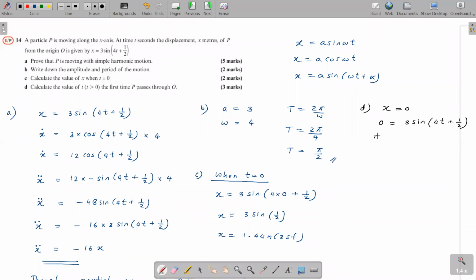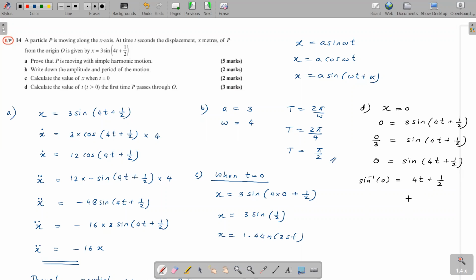Remove the 3 to the other side. 0 divided by 3 is 0, so 0 equals sine of 4t plus half. And then you can get here sine inverse 0 equals 4t plus half.